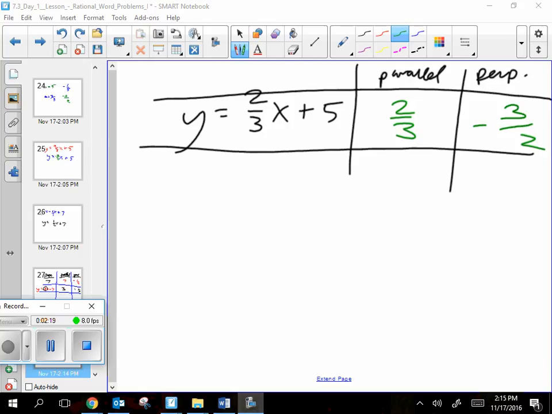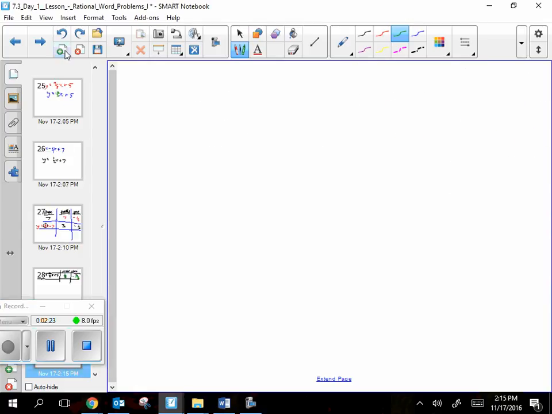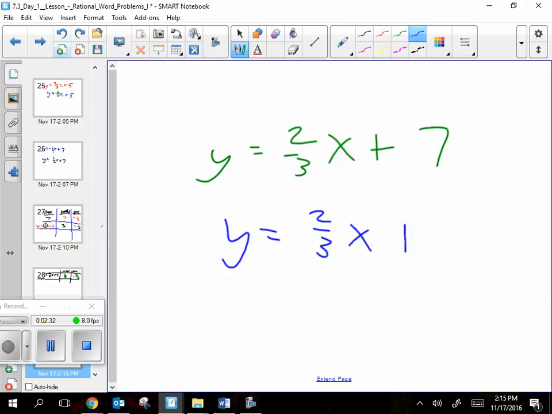All right. So then, let me give you two equations, and you tell me perpendicular or parallel. Y equals 2/3 x plus 7, and here's another one in blue. Y equals 2/3 x plus 9. Parallel or perpendicular? Parallel. And here's a way you can think of it.